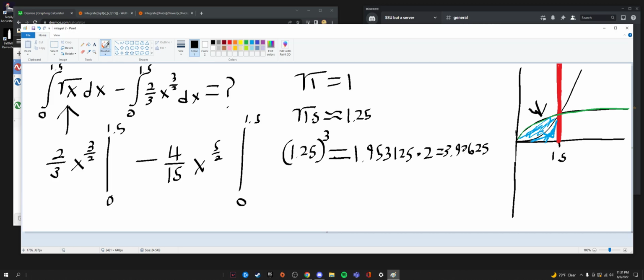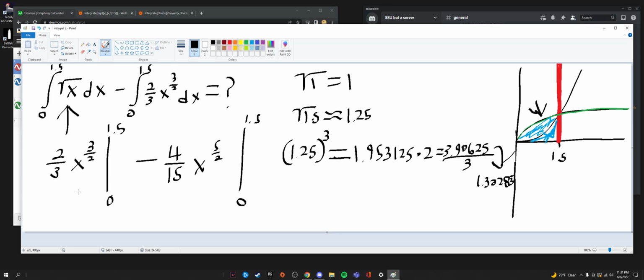Now that we have it multiplied by 2, we now divide by 3. And this is going to get us 1.30283 repeating, 83 repeating. So, all in all, our first integral, I probably should have labeled those.